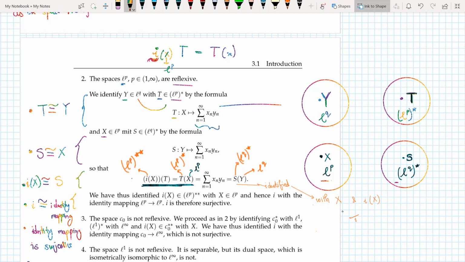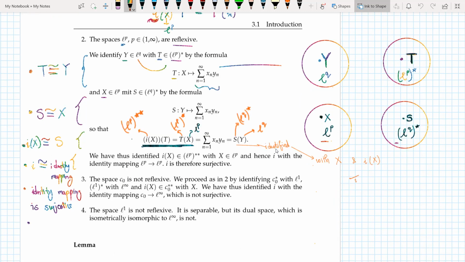Now if you look carefully, T is an element in Lp star, which is identified with Y. So this is the identification between T and Y, because we have seen in the previous videos that Lp star is isometrically isomorphic to Lq, so they can be identified with each other, which means they are the same but not the same.